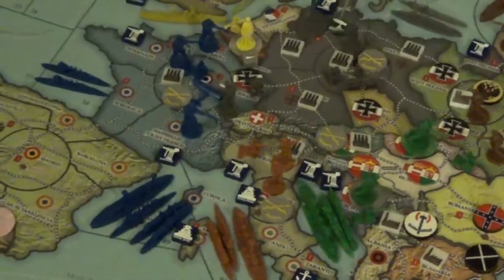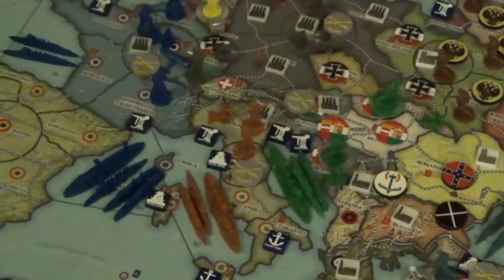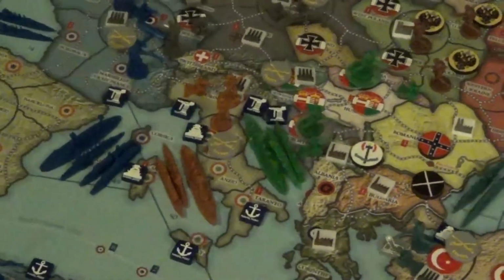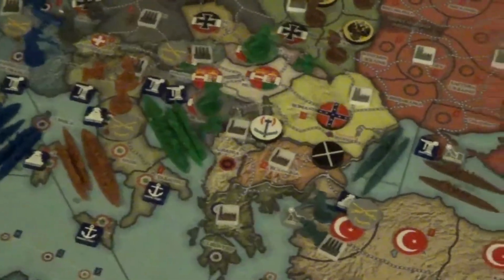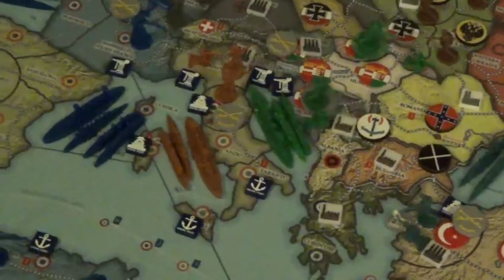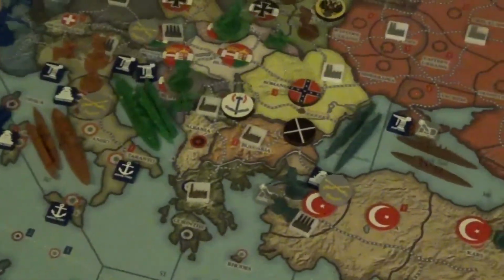I'll have to look at the notes. But anyways, we'll come back with the first turn of the scenario. It'll be 1911, and the only wars going on at the time are the Mexican Civil War, the Chinese Civil War, and the Italian-Ottoman War. So we'll see you then.